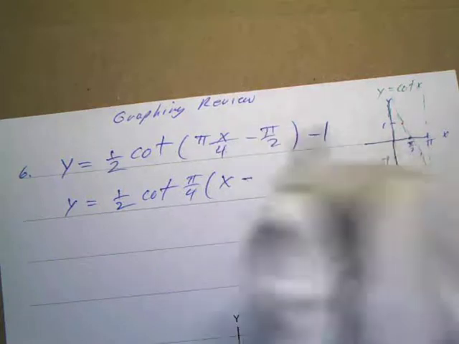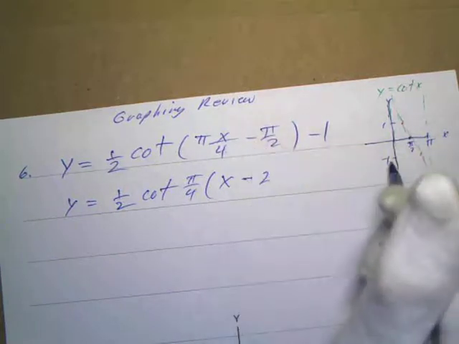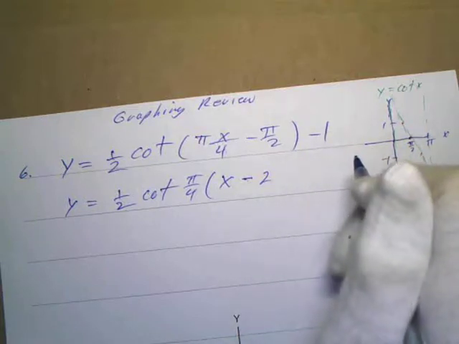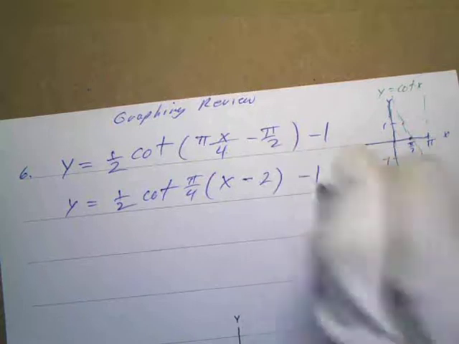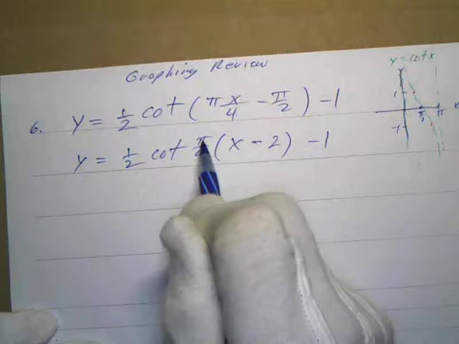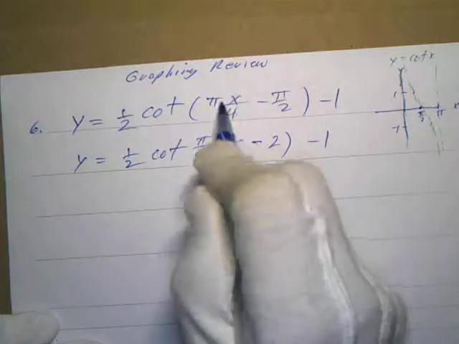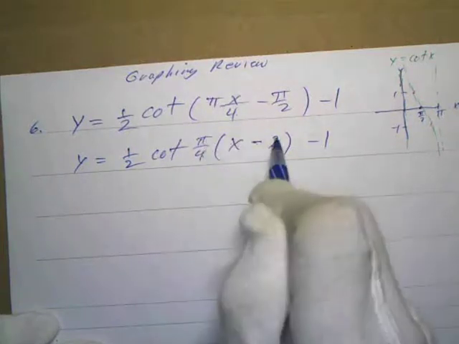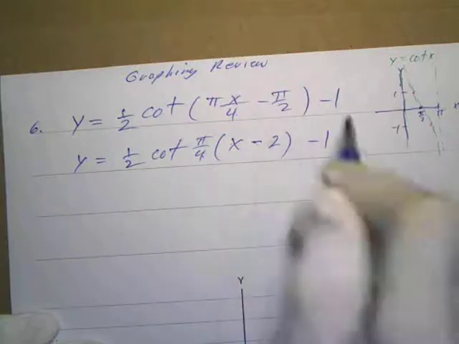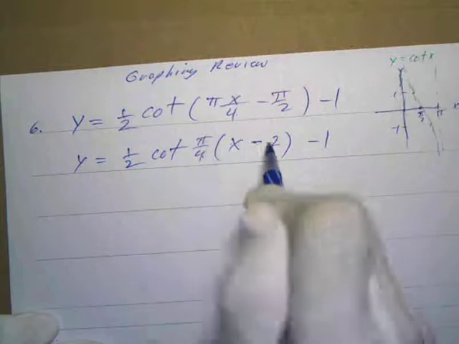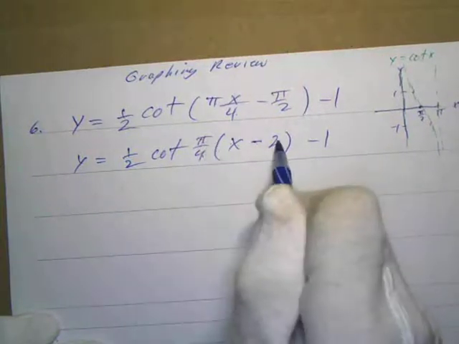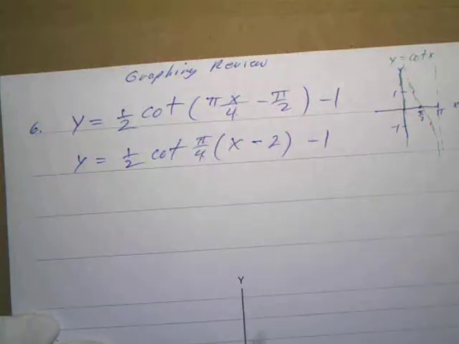Multiply by 4, so I should have 2, I guess. I think that's what it's going to be, but I'm going to check it. If I multiply this, pi over 4 times x is pi over 4 x, and if I multiply this, I get 2 pi over 4, which is pi over 2, so it checks out. So I've got a shift of 2.